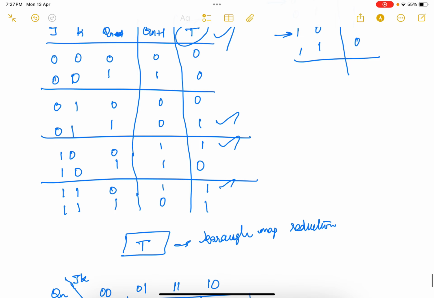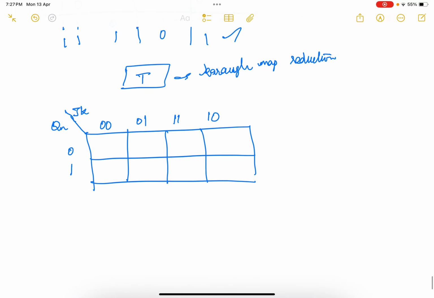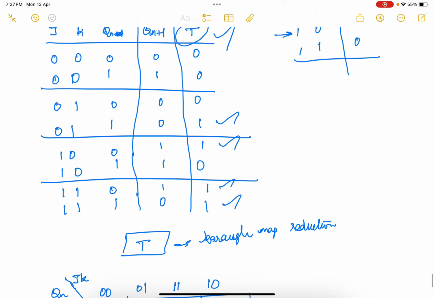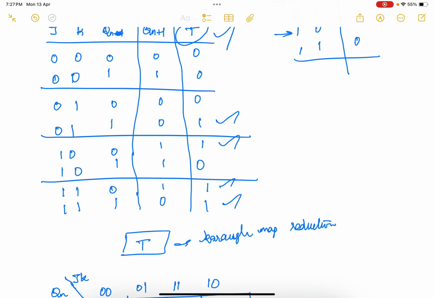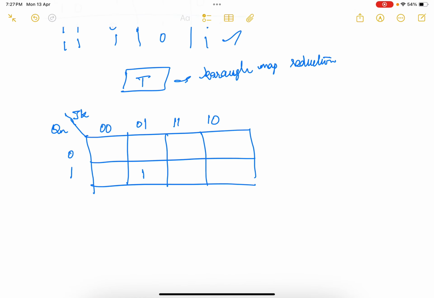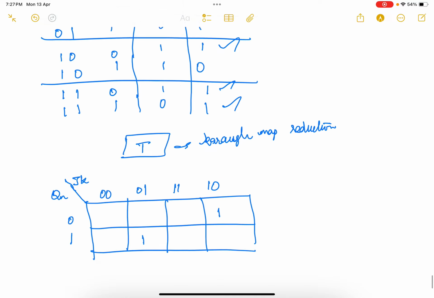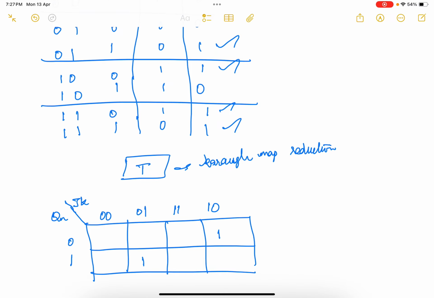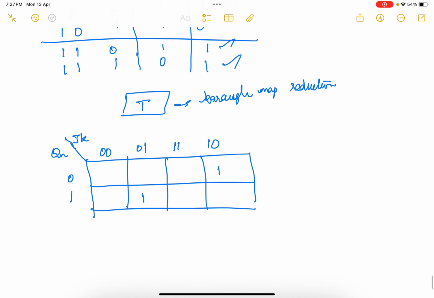In 4 conditions we got my output as 1. That is 0 1 1, I got my output as 1. Next one is 1 0 0, I got my output as 1. The next one is 1 1 0, I got my output as 1. For 1 1 1, I got my output as 0.